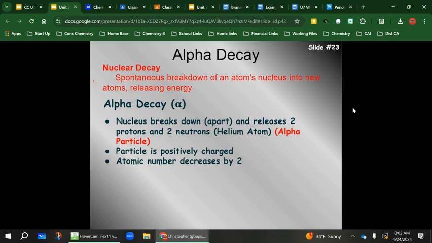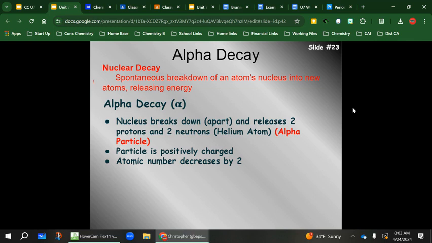In other words, when we balance a chemical reaction, we say you have to have the same number of each kind of atom on both sides of the reaction. We don't do that here, but we do need to account for all of the atomic number and all of the atomic mass.